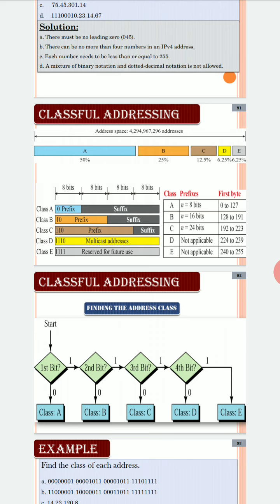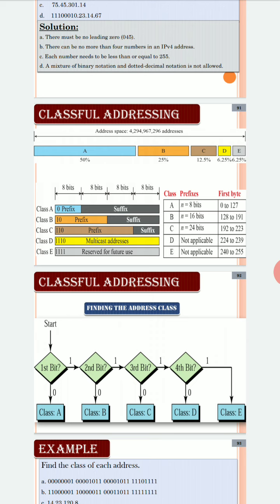Similarly, if the first 3 bits are 110 and the prefix length is 24 bits, we call that class C addressing.